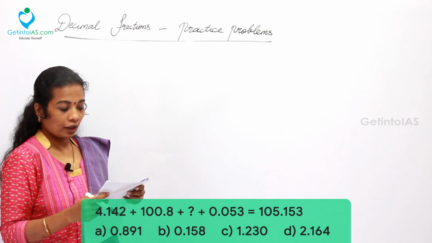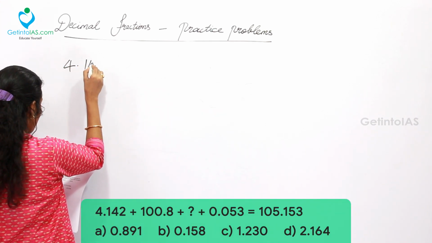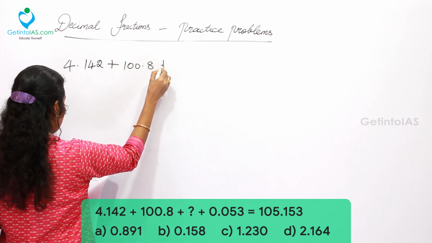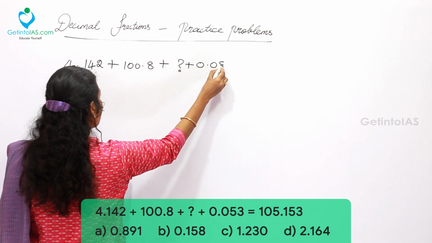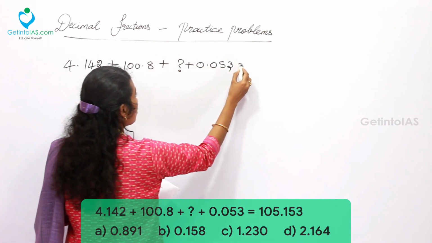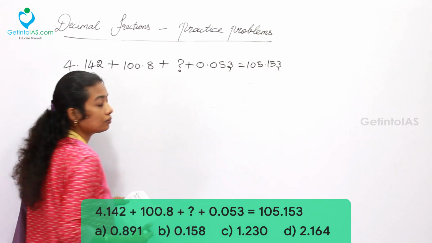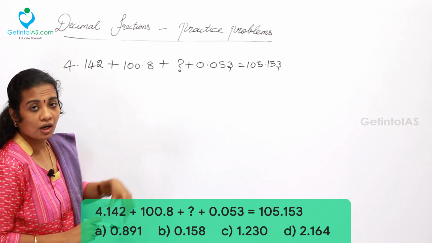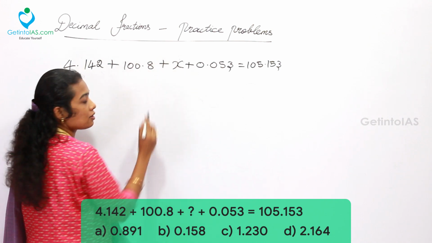Next simplification type of question is 4.142 plus 100.8 plus question mark plus 0.053, which is equal to 105.153. These kinds of questions can be solved by always expressing the question mark with x. You can take it as x.